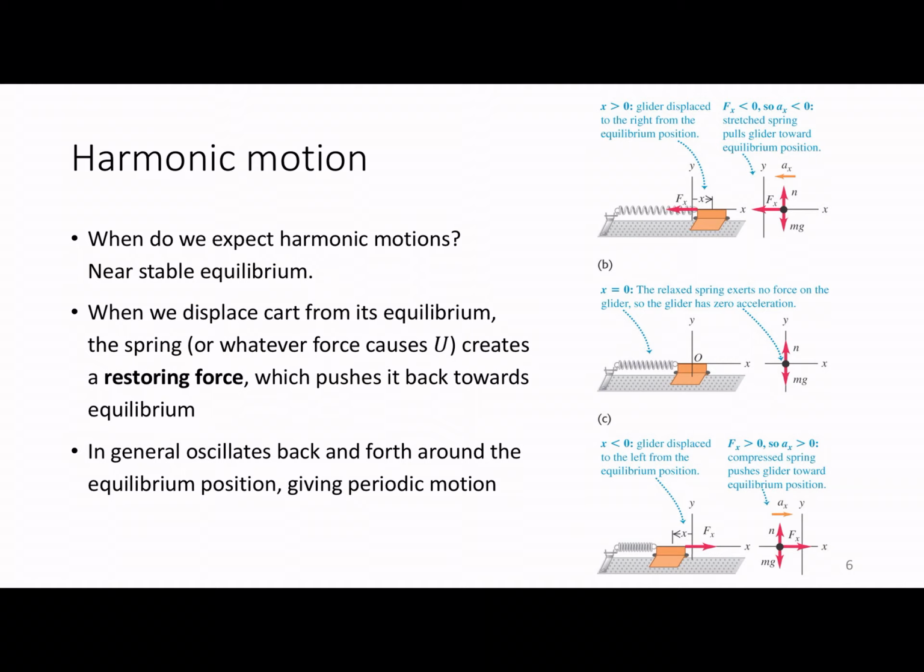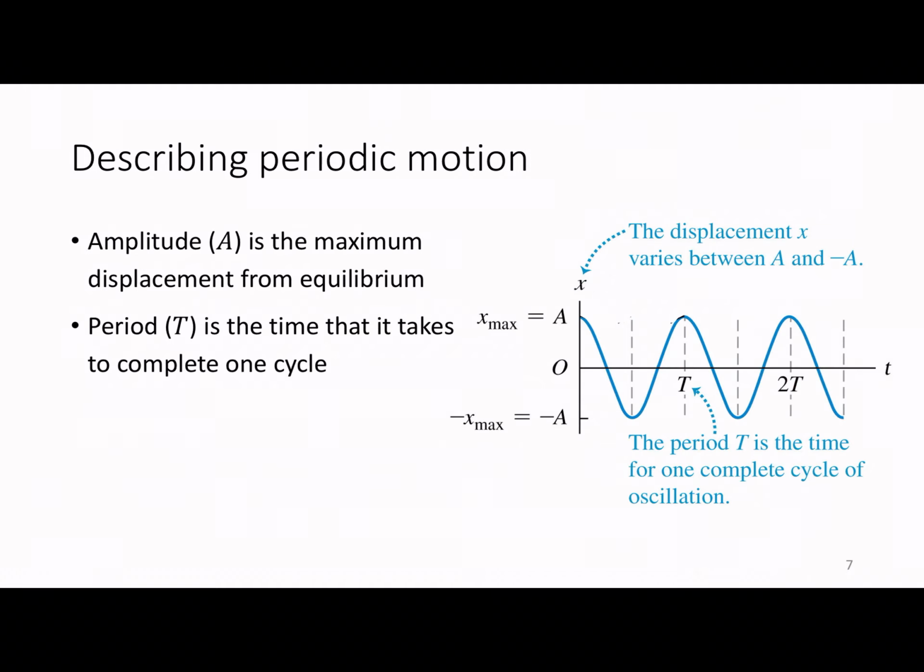And the idea is that when we displace the cart from its equilibrium, the spring or whatever other force is causing this potential energy creates a restoring force, which pushes it back towards equilibrium. Restoring force because it restores equilibrium. And then the general property, as I mentioned, is that it's going to go back and forth around that equilibrium position, which we refer to as harmonic or periodic motion.